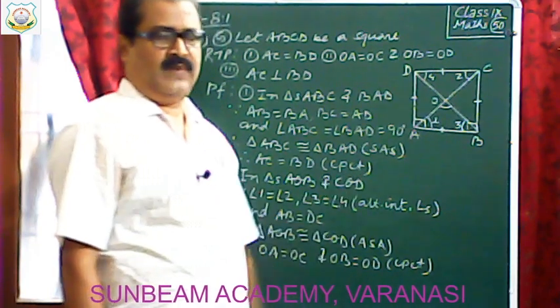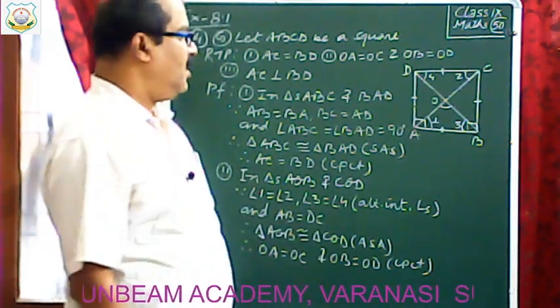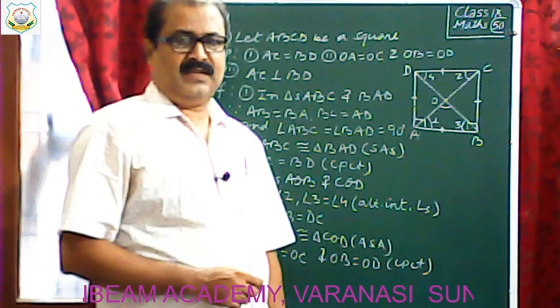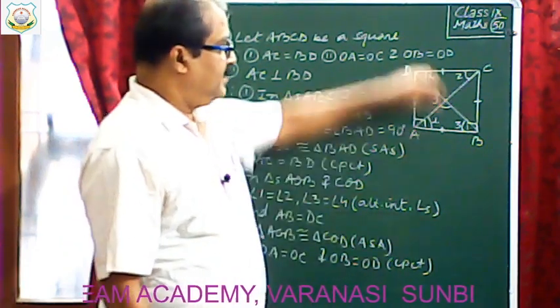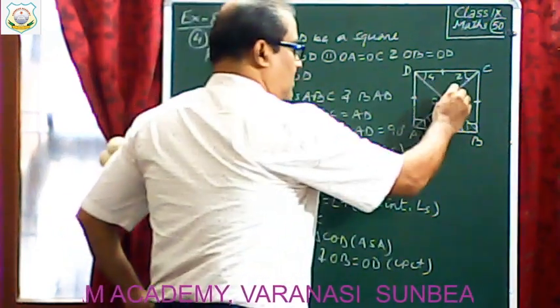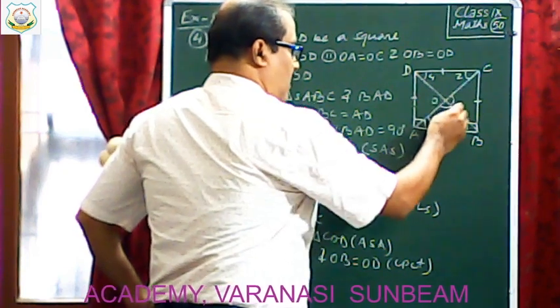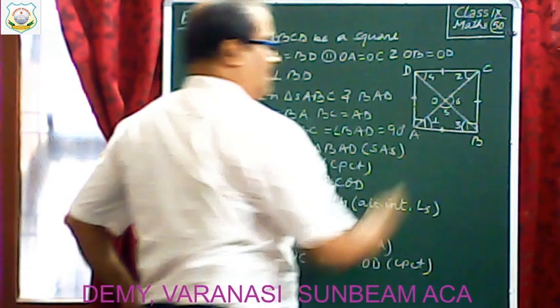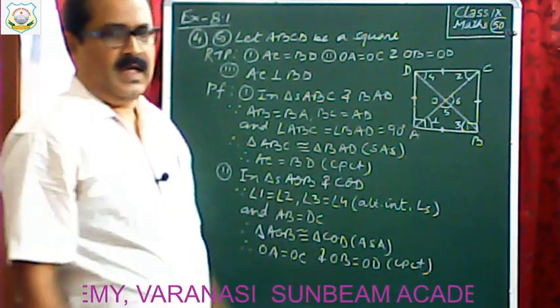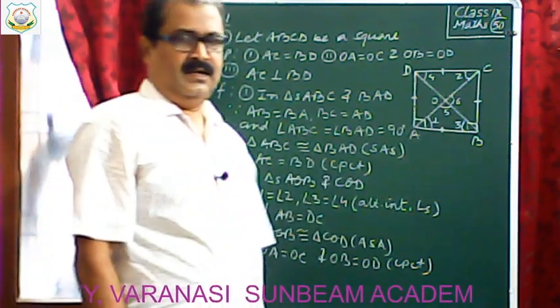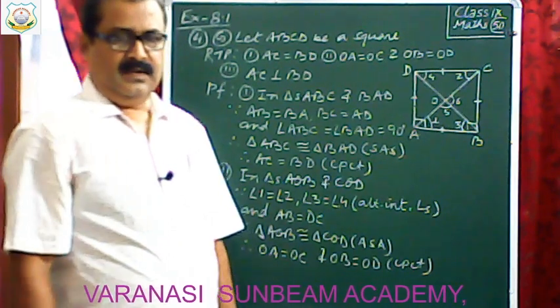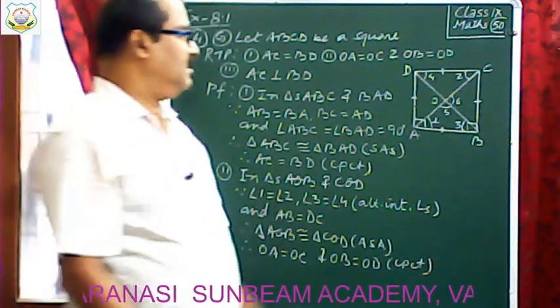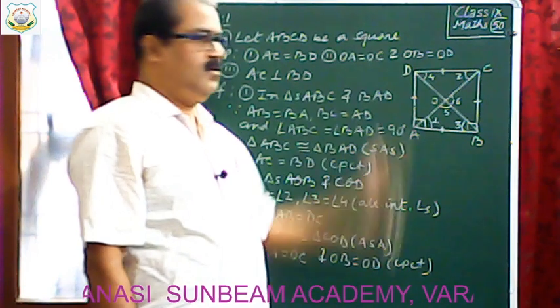Any one pair of adjacent triangles you have to select and prove the triangles are congruent. Then by CPCT, these two angles 5 and 6 are equal and the sum of them is 180 degrees, then each equal to 90. Then we can say that AC perpendicular to BD.